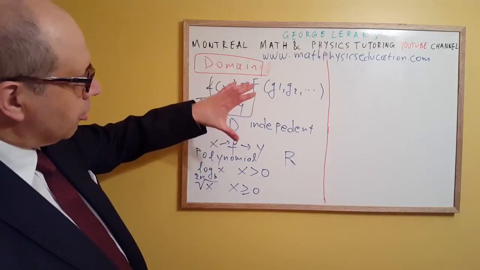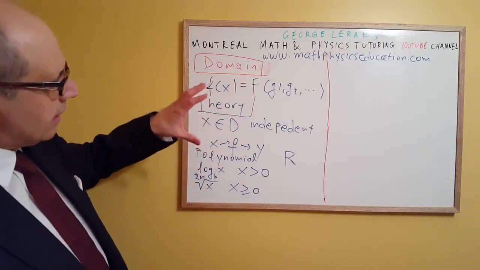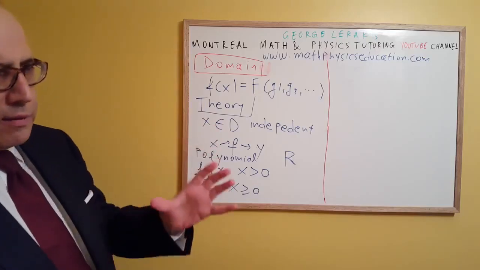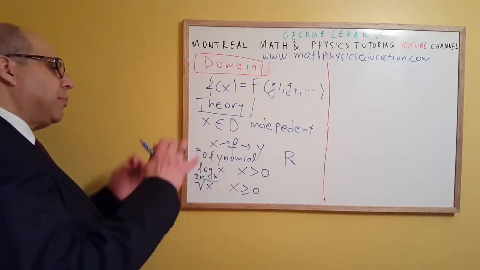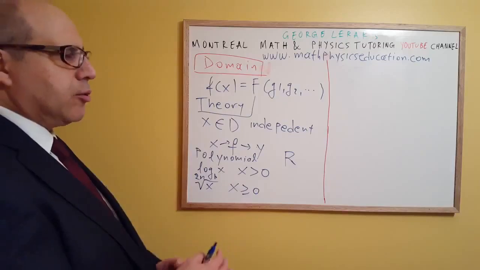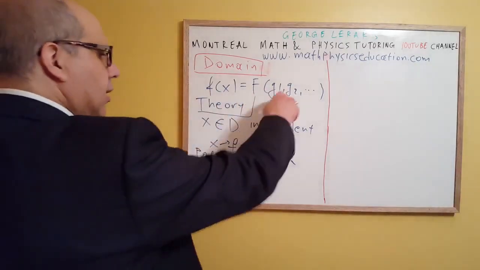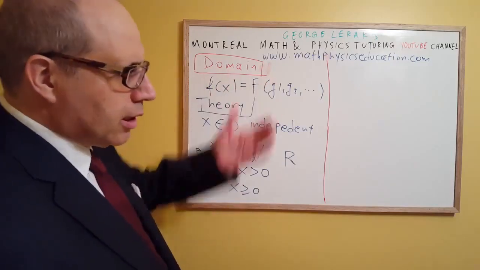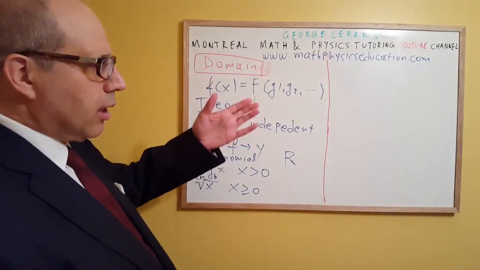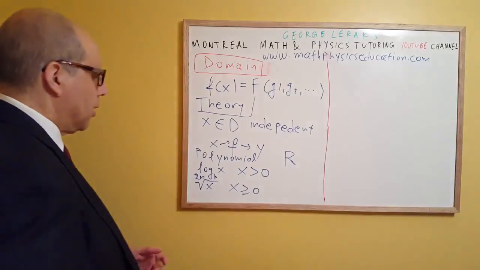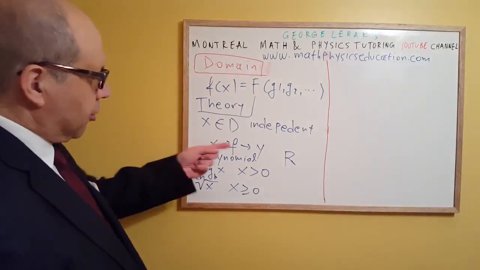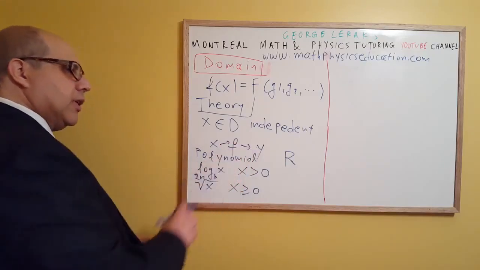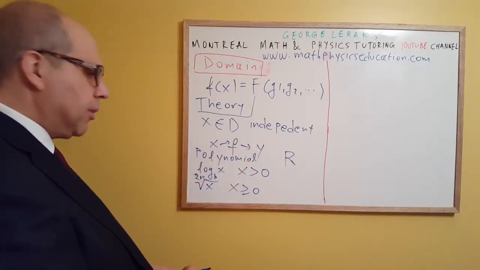What else you should know about this topic is the domain of the basic functions. By basic, I mean the functions that you might encounter here, and these are the functions that are usually included in any college algebra course. One of them is the polynomial function, which of course has domain R, the set of real numbers.